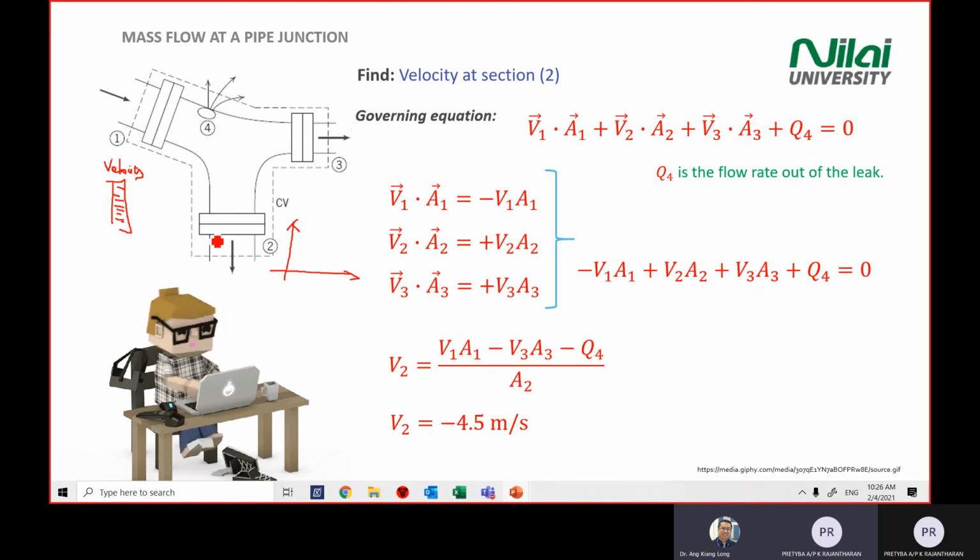You can ask the software to pinpoint the location. Let's say for this location, maybe the velocity you get in the software is 4.8 meters per second.